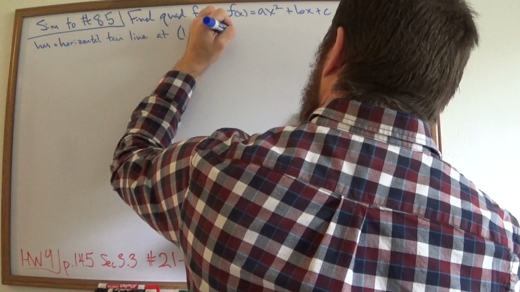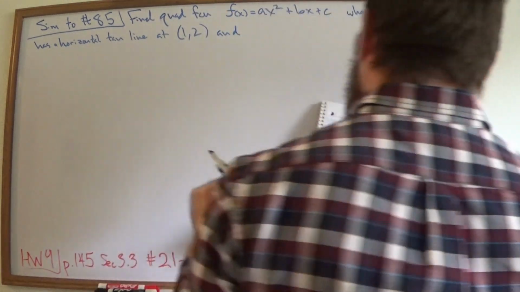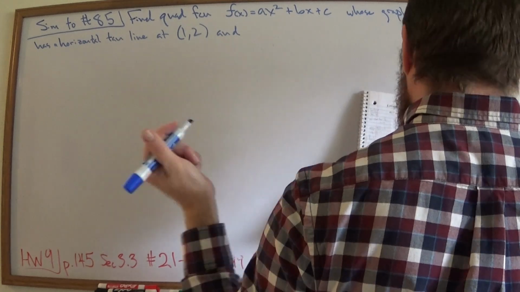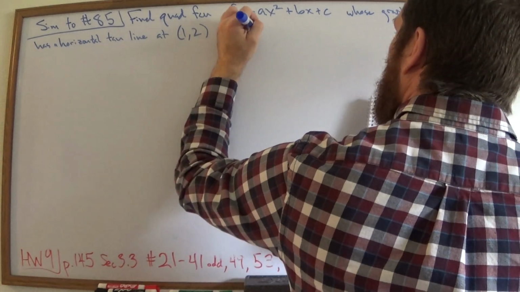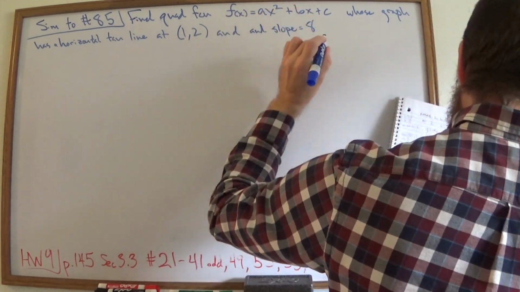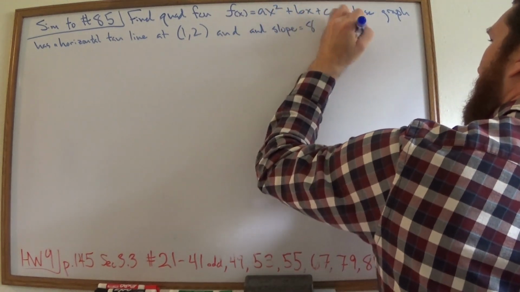Oh, horizontal. So it's just like the vertex. We'll talk about this. Yes, it would have to be. And slope is 8 at x equals 3.